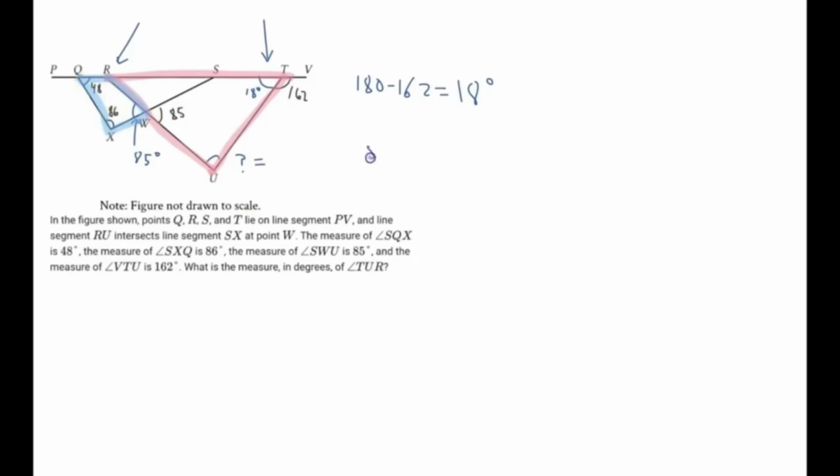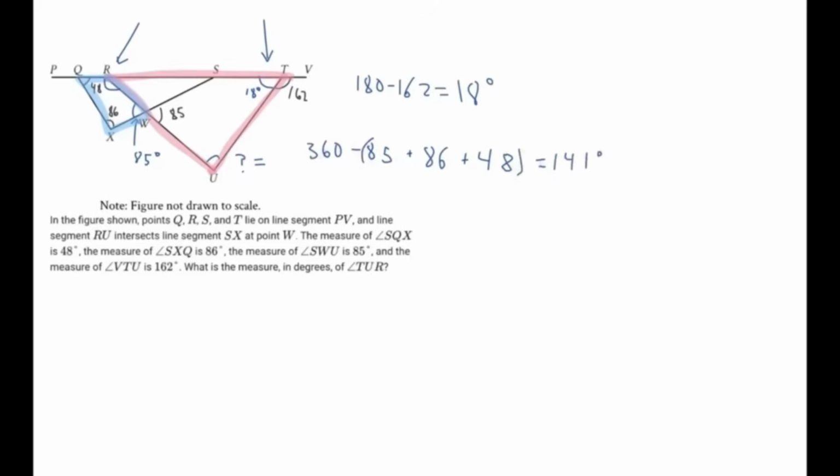So we found 85 degrees, and then we found, well, we didn't really find this, they gave it to us, 86 degrees, and then they also gave us that 48 degrees. And so now if you want to find this angle in the corner right here, angle QRW, we just have to subtract 360 minus all those other angles. And so that gets us 141 degrees.